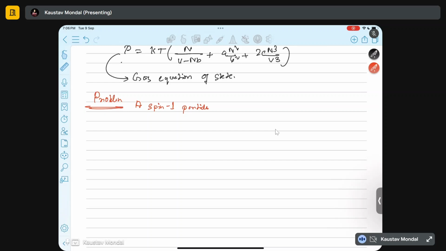Spin one particles placed in a uniform magnetic field. This is to be clear that this problem is not particularly related to the rotational partition function. This is a general problem. Okay. Placed in a uniform magnetic field.